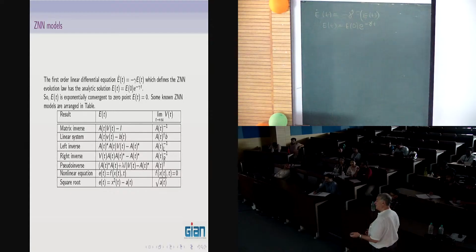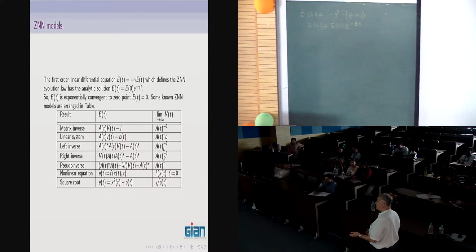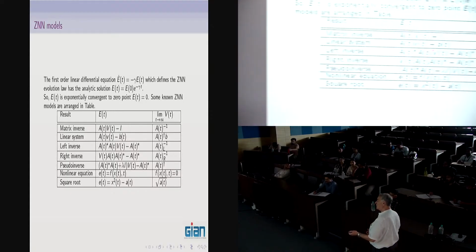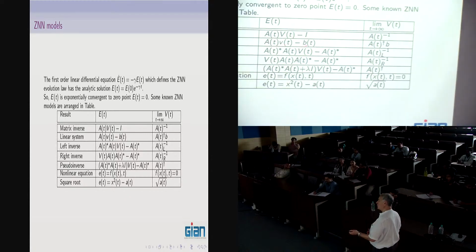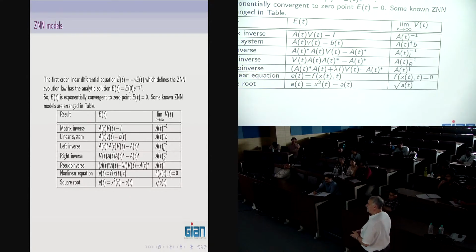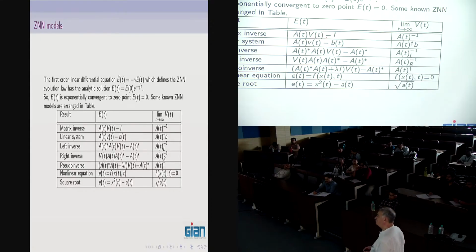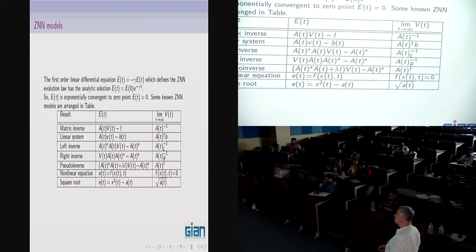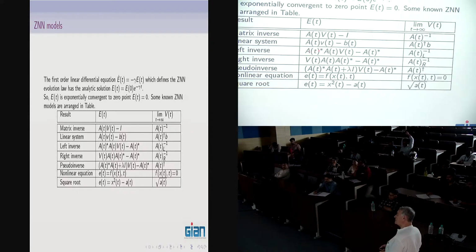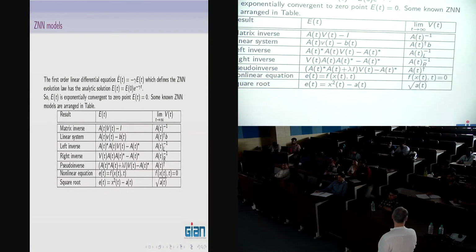Here is the error function which gives the solution of a linear system. This one assumes that A star A is invertible.